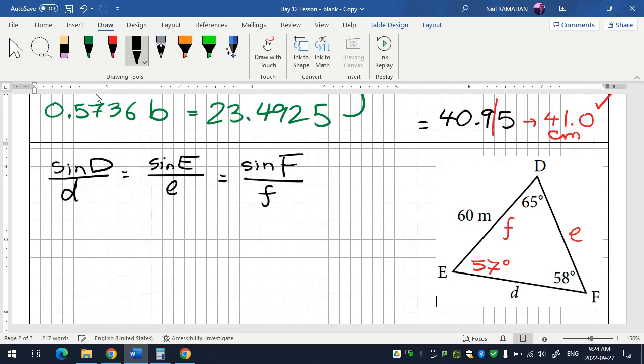Like Patrick said before, let's see what we have this time. Do we have all three angles? Which means we have all three top parts: sine D, sine E, sine F. Now, which one of those three are we trying to find? Small d. So this is a question mark, the one we want to find. E, do I know it?